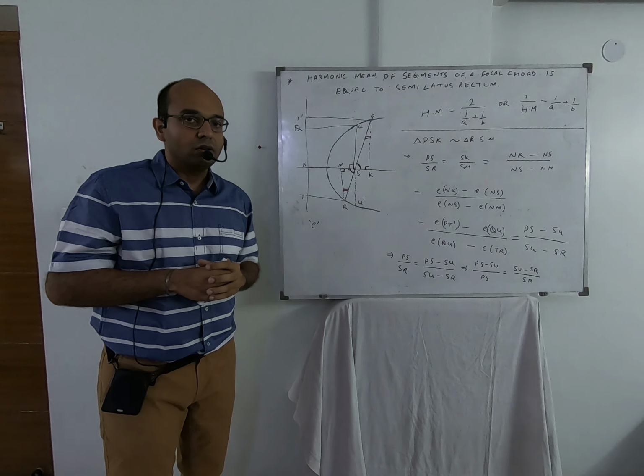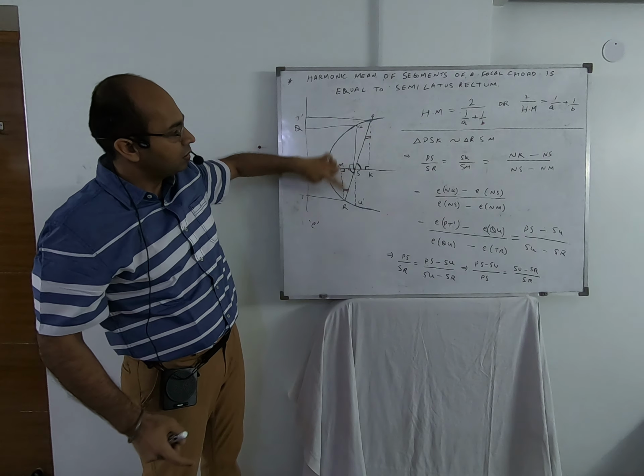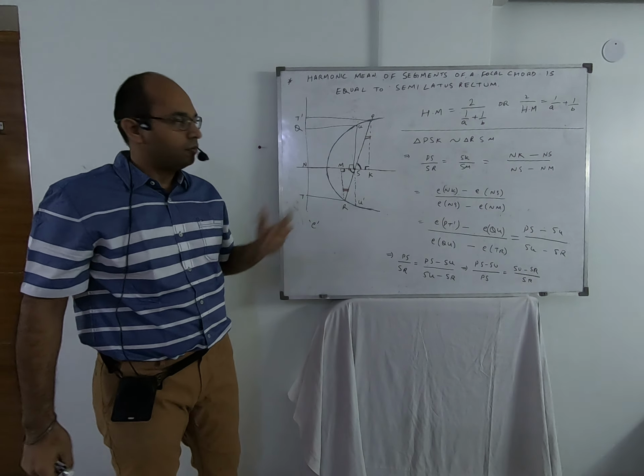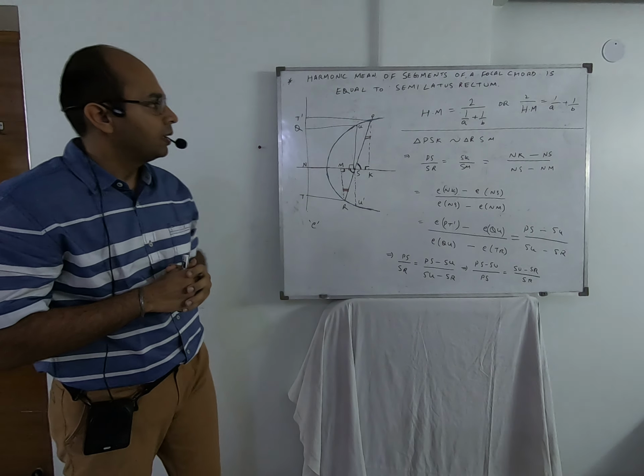Now I draw a focal chord. The chord PR passes through S, the focus of the conic, so I can call it a focal chord.